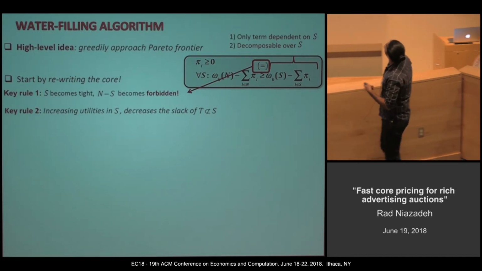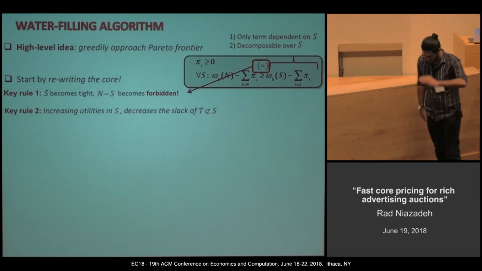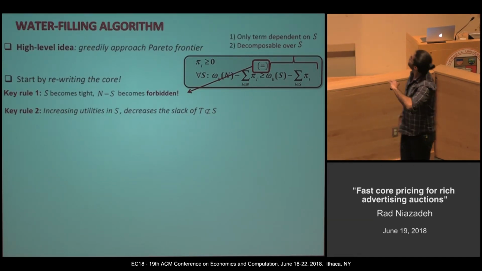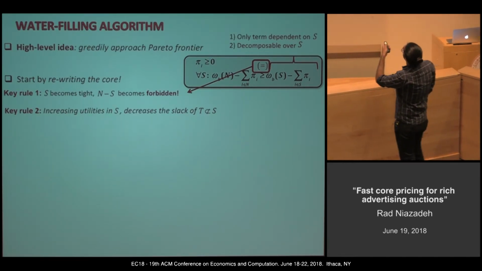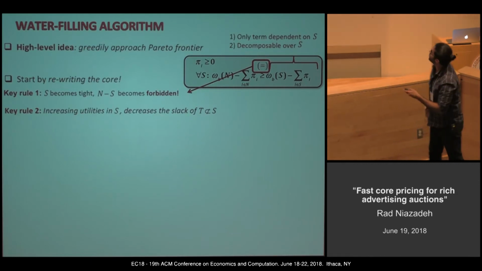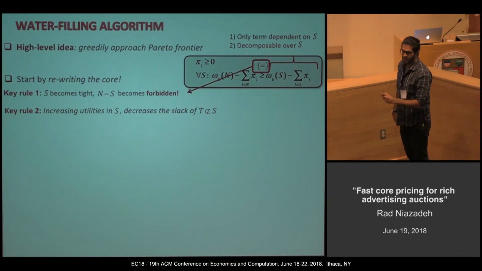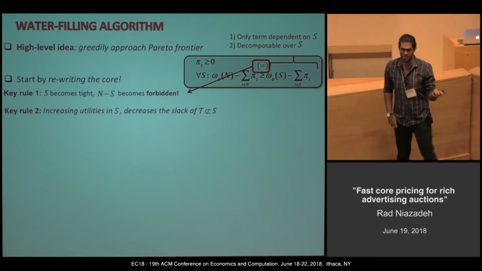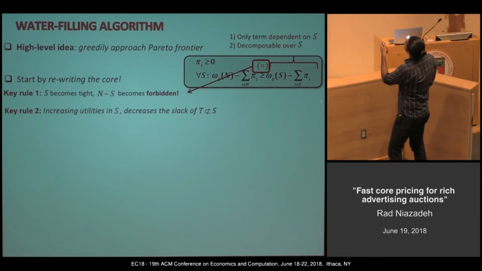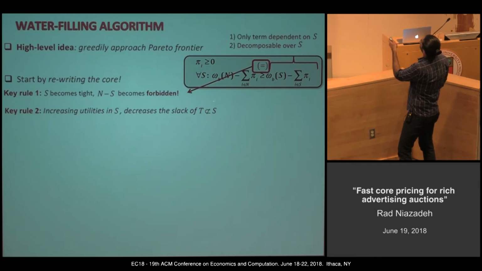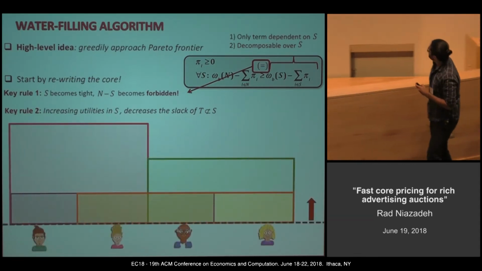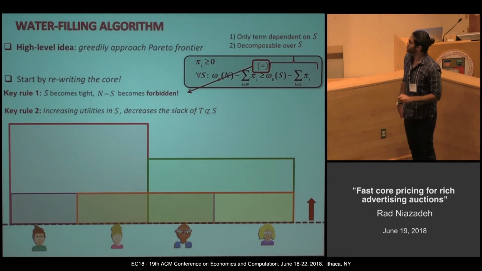Another key observation: suppose you start increasing the utilities of a subset of the bidders S. That decreases the slack of any constraint corresponding to some set T, as long as T is not a subset of S. Because if T is a subset of S, you're going to increase both sides equally.